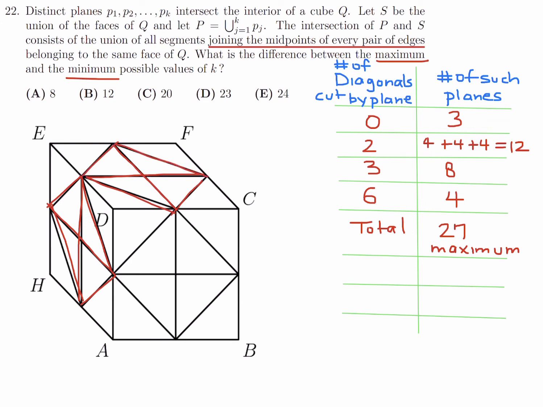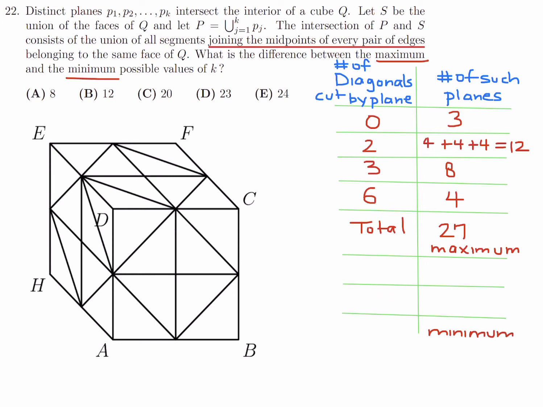And the question now is, what is the minimum number of planes that I can use to cover all of these lines that I'm drawing in red? Well, obviously it has to be some of these guys. Those are the maximums, so we have to choose from those 27.